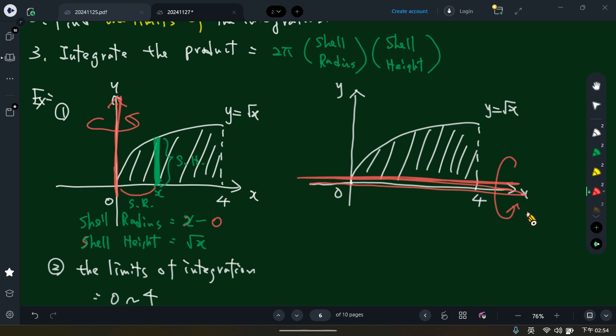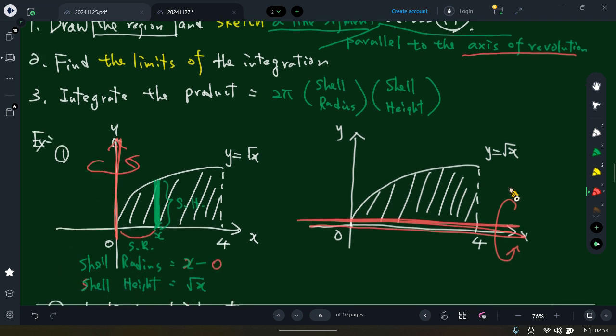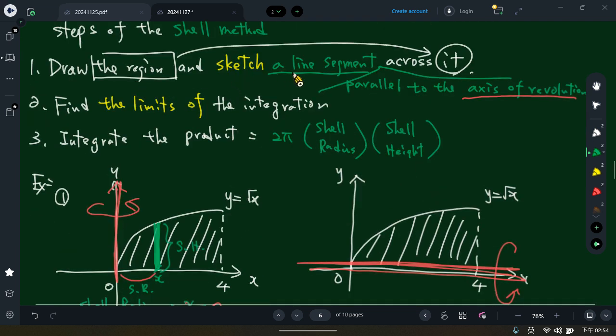So if we want to do it by shear method, according to the process, the first thing is to draw the region and sketch a line segment which is parallel to the axis of revolution.